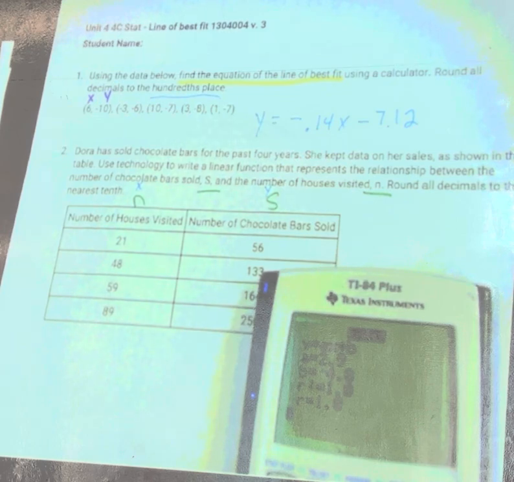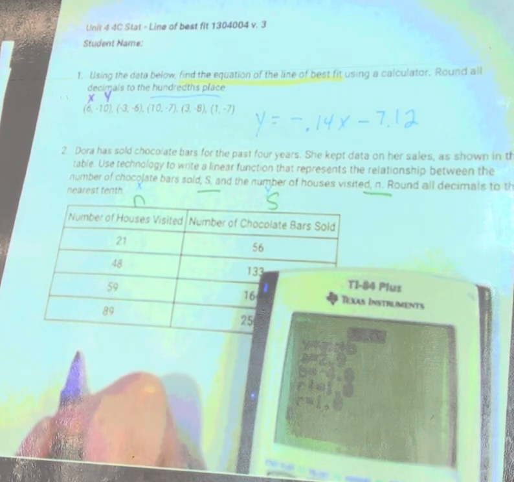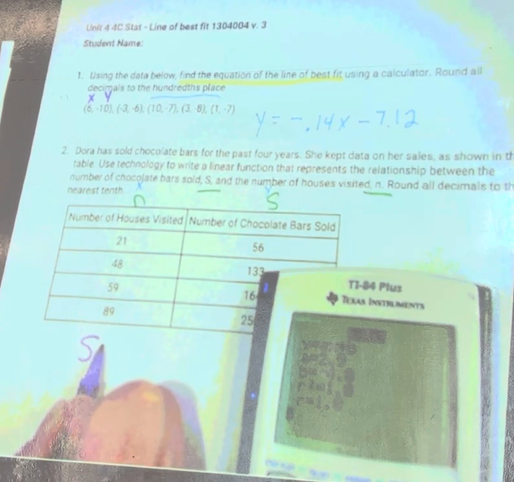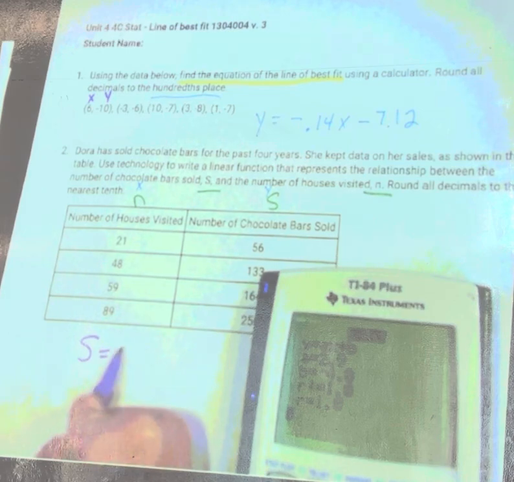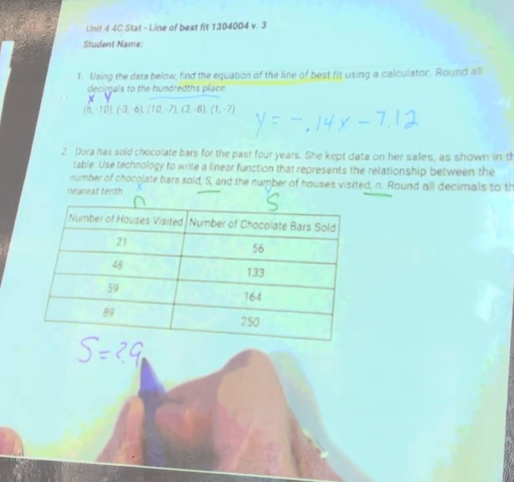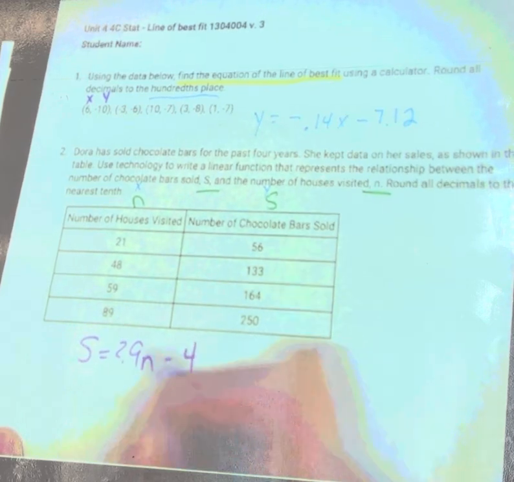And so, y equals, or S equals, S equals 2.9N minus 4.